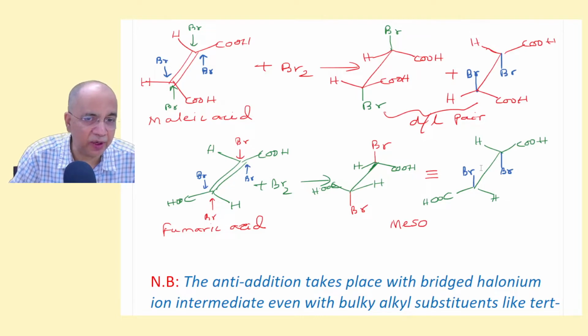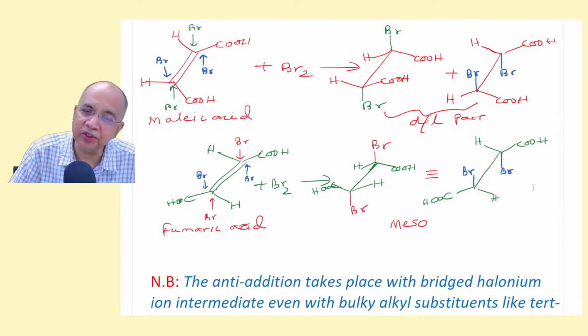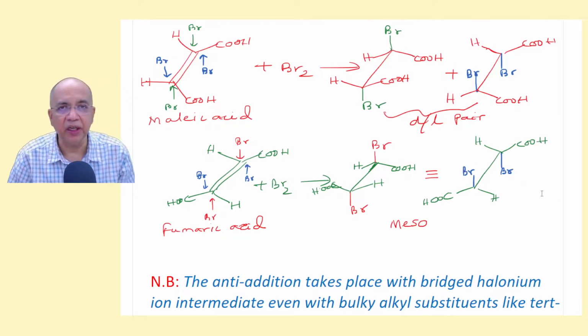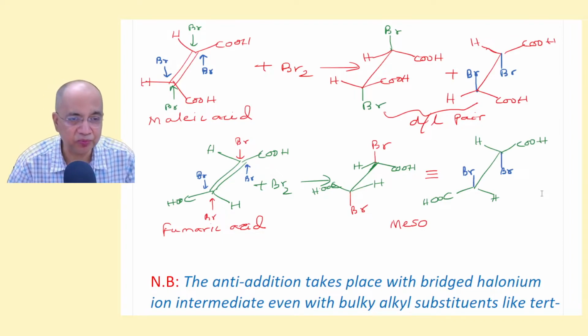This is one way, this is the other way, but the two are identical because all the groups are anti: carboxyl, carboxyl, bromine, bromine, hydrogen, hydrogen. So if you make a 180-degree rotation about the carbon-carbon bond, you will find there is a plane of symmetry. You can visualize an internal plane of symmetry, for which it is inactive due to internal compensation. So that's why it is meso.